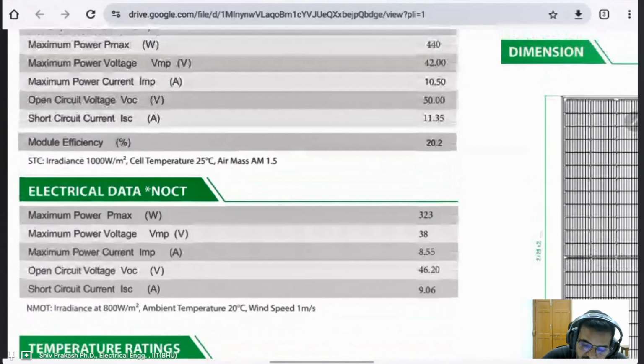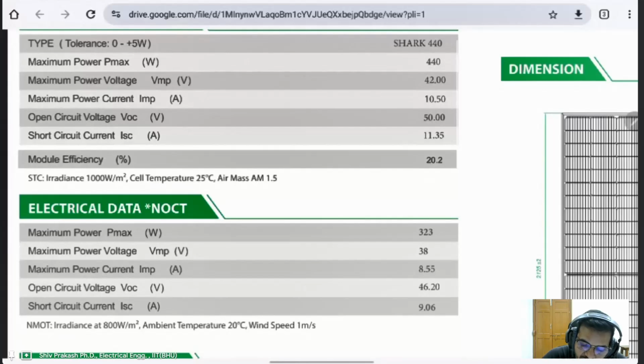It decreases from the previous 440 watt because of the 800 watt per meter square irradiance. The voltage at maximum power is 38 volt, and current at maximum power is 8.55 ampere.